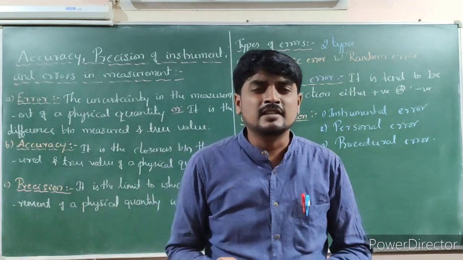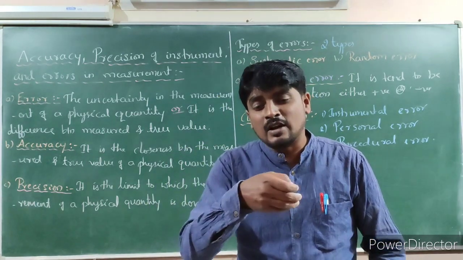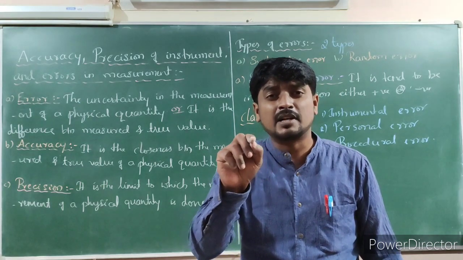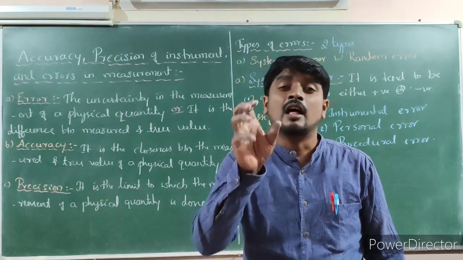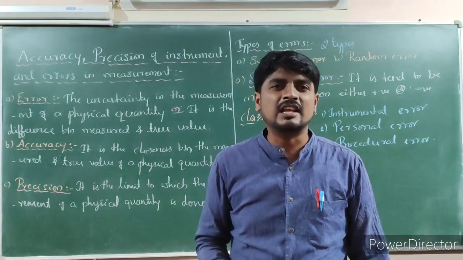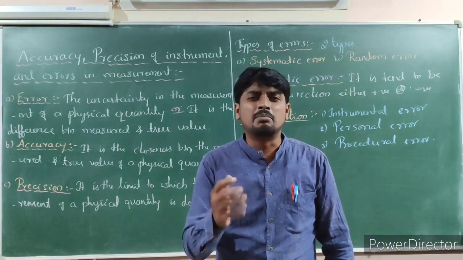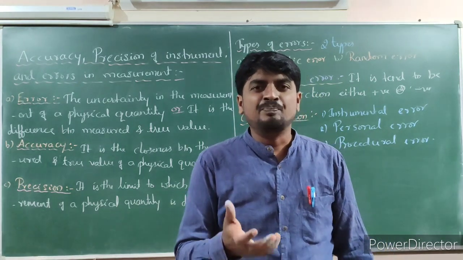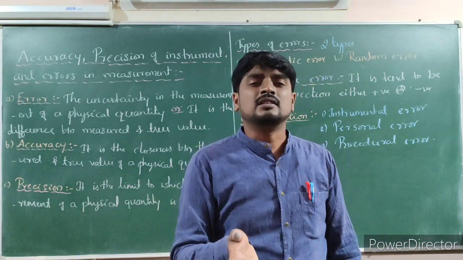But the problem is the lines on the scale that measure the values 3.1 centimeter, 3.2 centimeter, 3.3 centimeter are not clear, right? They are very blurred. You can't see. Then what happens? Obviously, the instrument is not supporting.